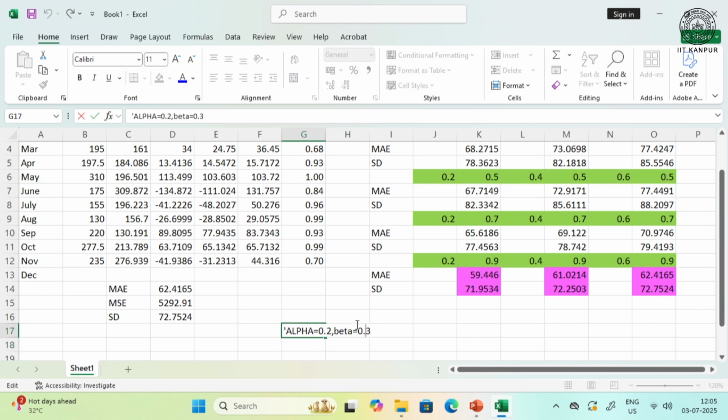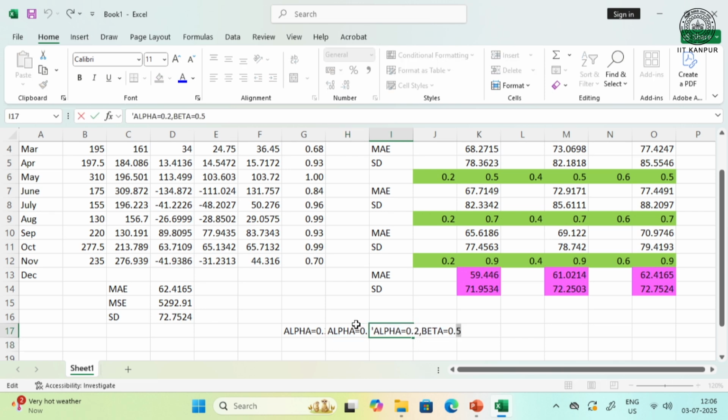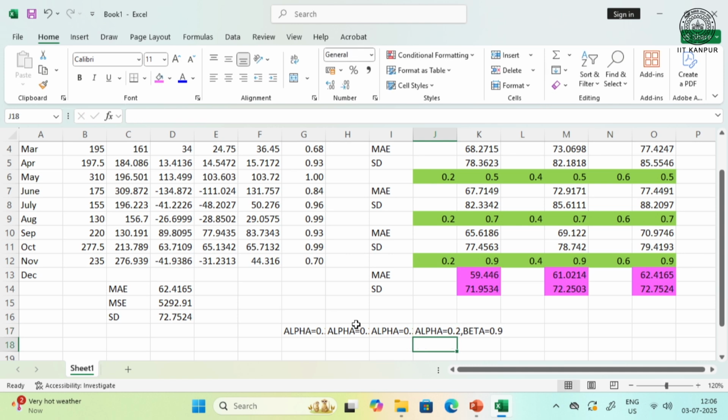So, if I follow this, I have the graph of alpha for beta 0.5, then beta 0.7, and finally beta 0.9. I will do it for all values with alpha 0.2.